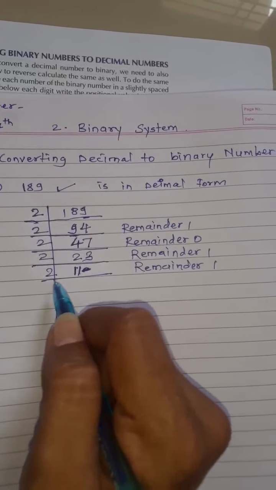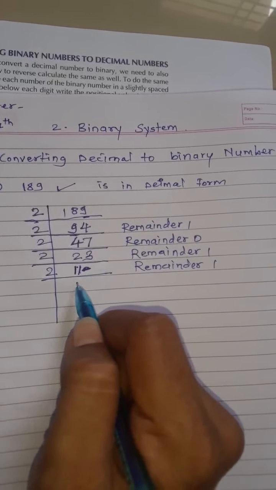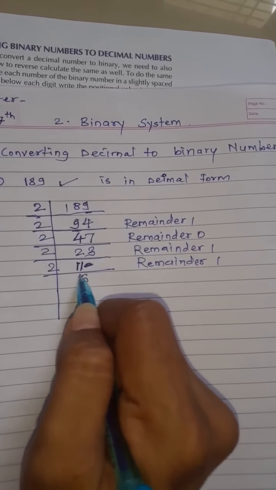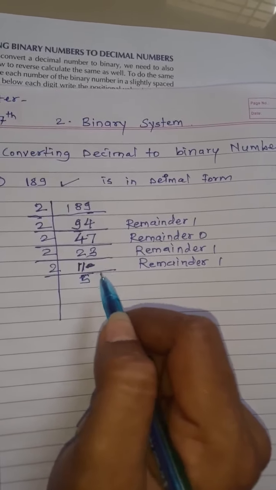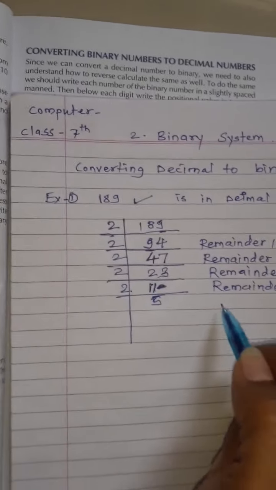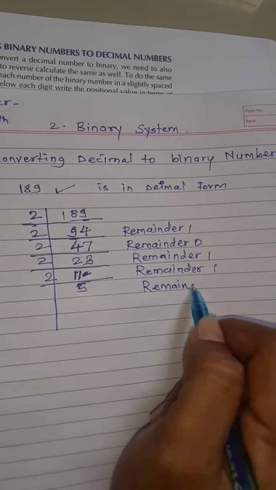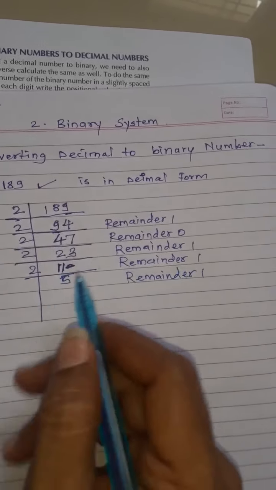This 11 is divided by 2 again. 2 5s are 10. Remainder 1.